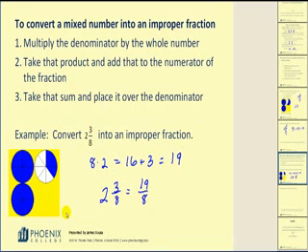Now let's take a look at the model of this. When we multiply 8 by 2, we're actually finding out how many eighths there are in 2 whole units. Here are 8/8 and another 8/8, which gives us the 16/8, plus the 3/8, of course, would give us the 19/8.